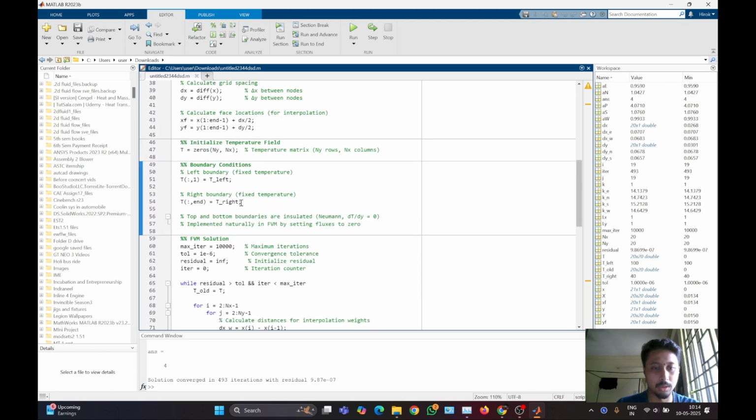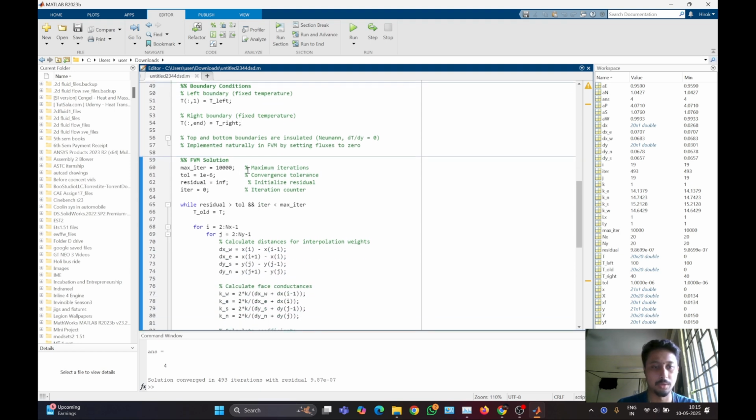The top and bottom boundaries are insulated, which is basically a Neumann condition. That means our temperature difference with respect to y is 0, and our fluxes are also set to 0.